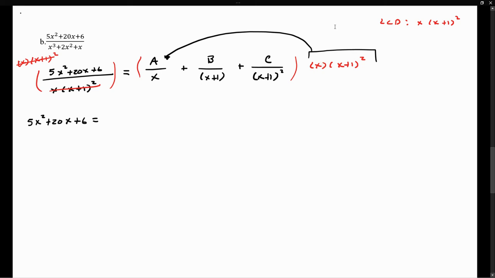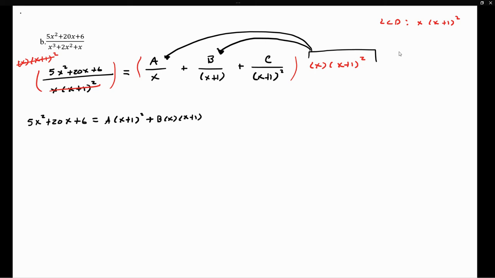So what's going to remain is A times (x plus 1) to the second. If I distribute to the second term, notice that this x plus 1 is going to cancel out with one of this (x plus 1) to the second. So what we're going to have left is B times (x plus 1).